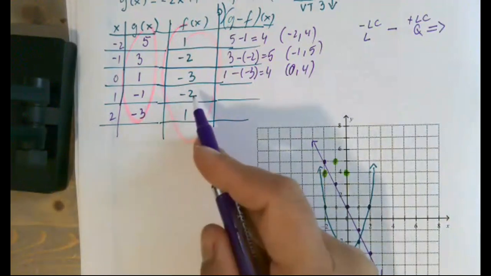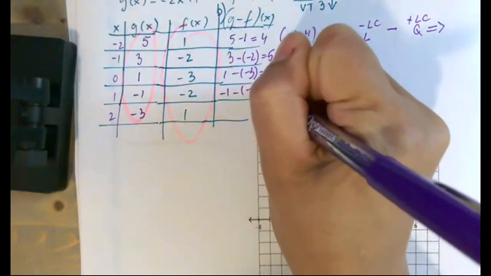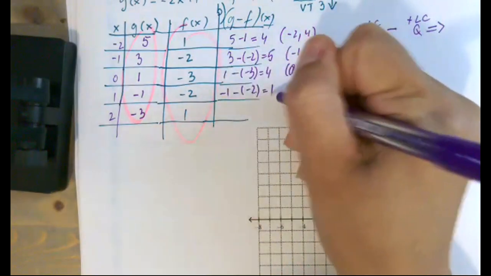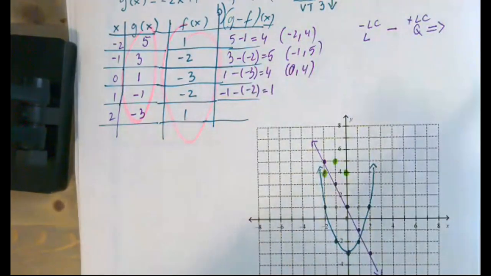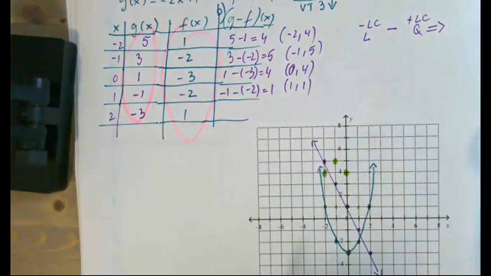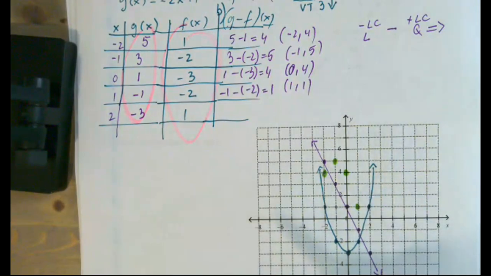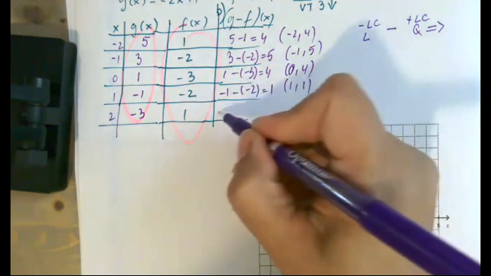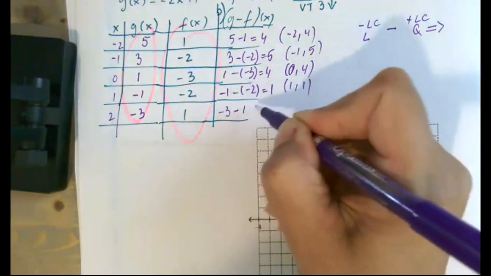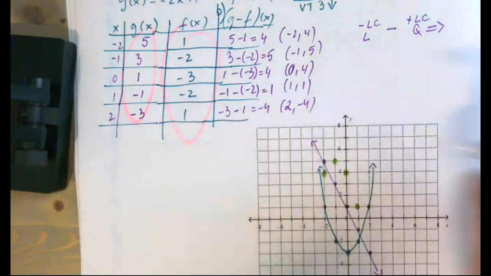And then -1 subtract -2. We get 1. So 1, 1. -3 minus 1, -4. 2, -4.